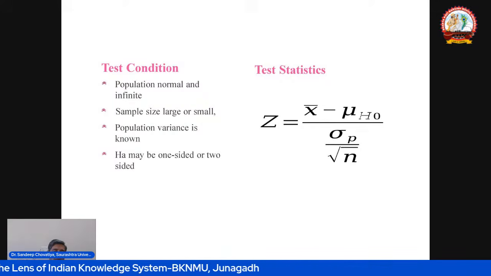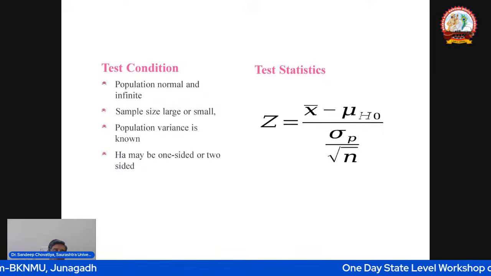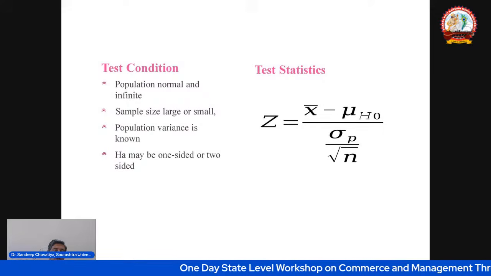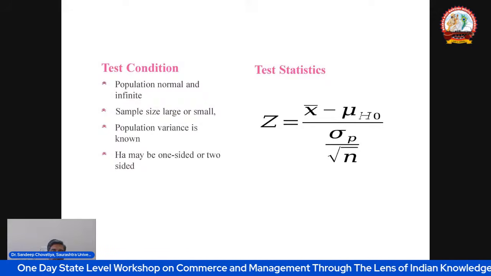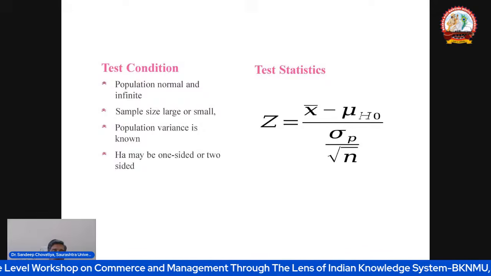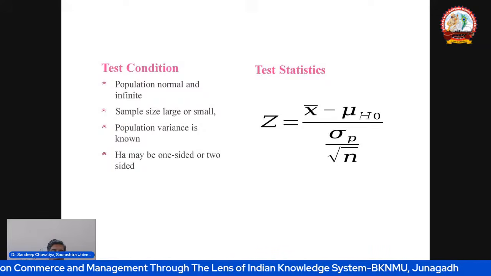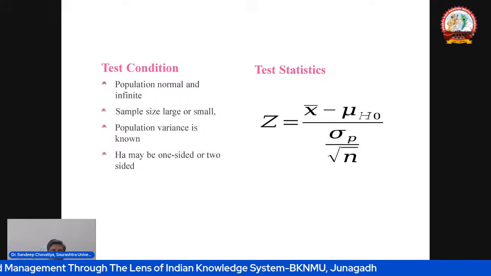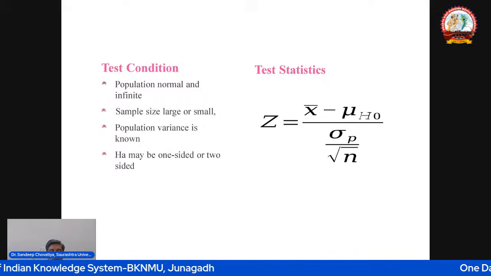The left tail and right tail tests are categorized as one-sided, and the two-tail test is categorized as a two-sided test. These are the test conditions required whenever we perform the Z test or the Student T test. One by one, we see an example for this.